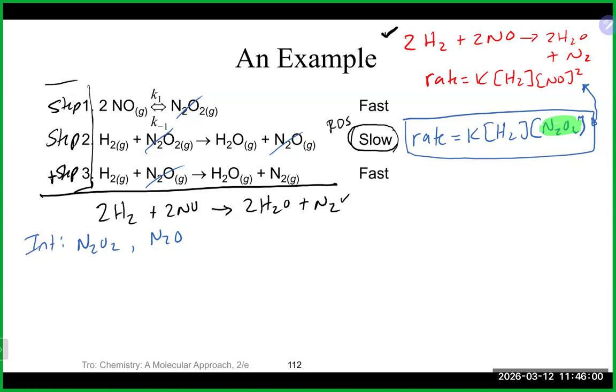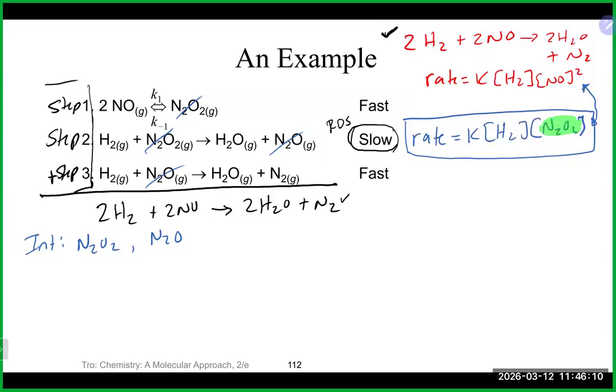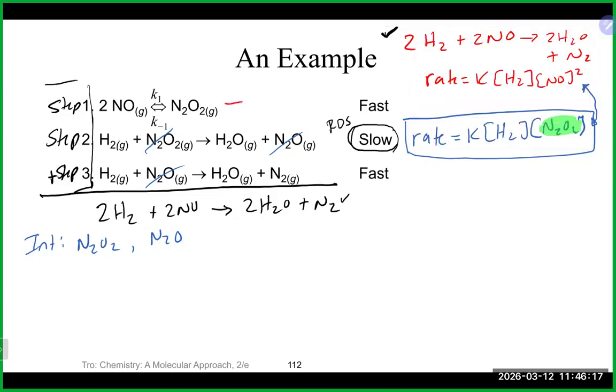The particular intermediate we're looking at in this case is the N2O2, and the only other step in the mechanism where we actually see N2O2 is right here at the first step. The first step is the other step in the mechanism that has that one listed.